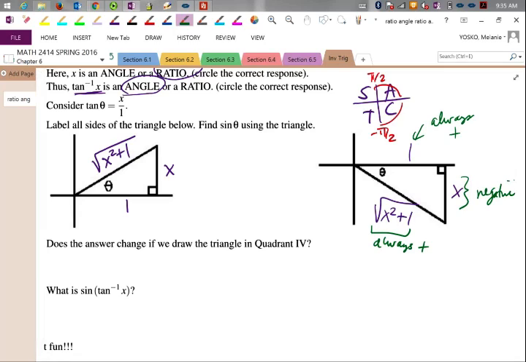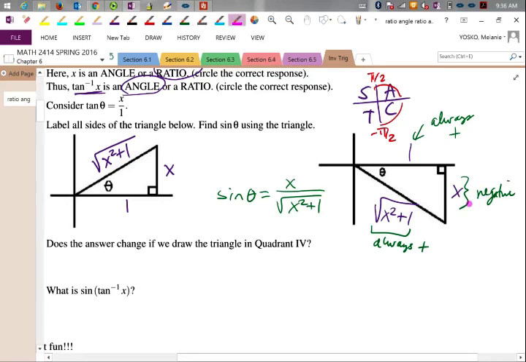So if you do sine of the theta in the picture, you would get what? x over square root of x squared plus 1. Well, we know that's a negative over a positive. Overall, the sign is negative. So quadrant 4 still works because that x value will have a negative sign. Does that make sense?